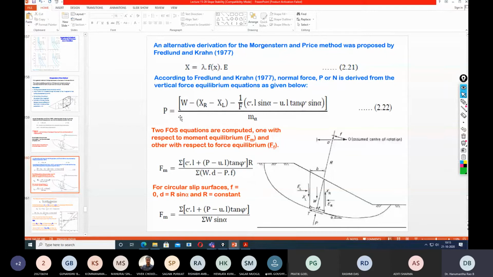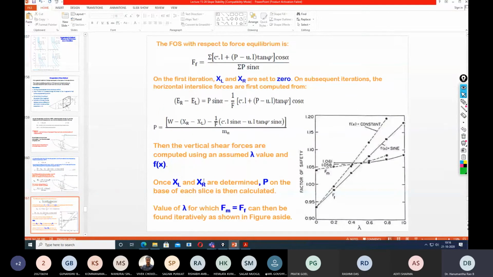That means for an assumed interslice force, the normal force acting all along the slices, that is developing beneath the slice, is calculated. Otherwise, initially in all the methods we were simply assuming no interslice forces. If there are no interslice forces, then it is a simple equilibrium equation.